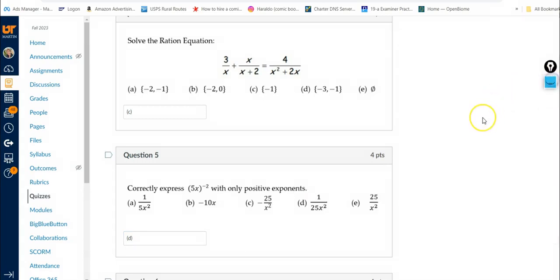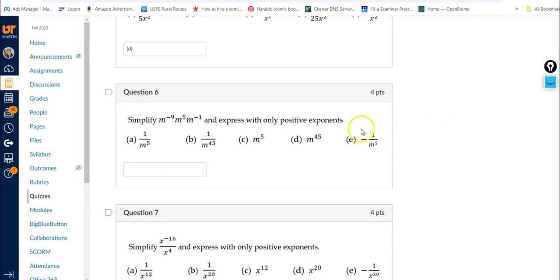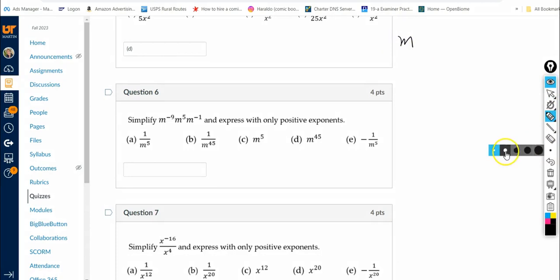All righty, let's keep going. All right, you're supposed to only express that with positive exponents. So using the exponent rules, this is equal to m to the power of, and we add all of those.